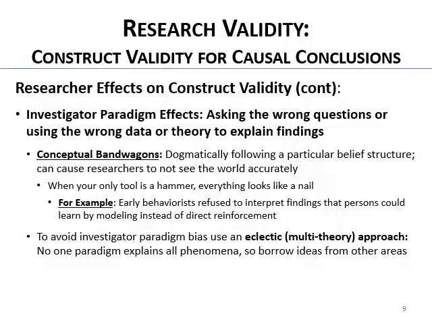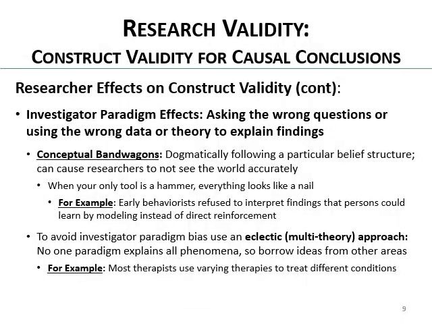So how do you avoid the investigator paradigm bias? Well, you can use what's called an eclectic or a multi-theory approach to doing things. Because no one paradigm explains all phenomena out there, you want to be flexible and borrow ideas from other areas. For example, most therapists don't use just one type of therapy.